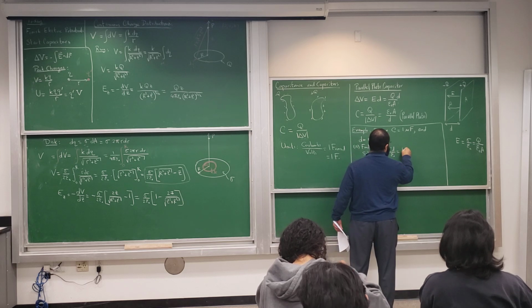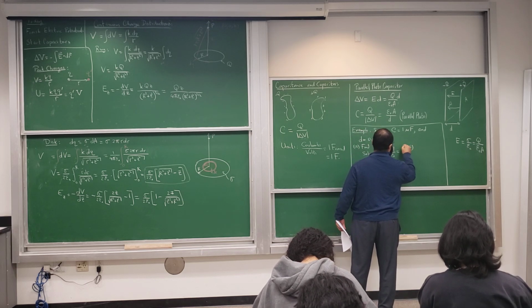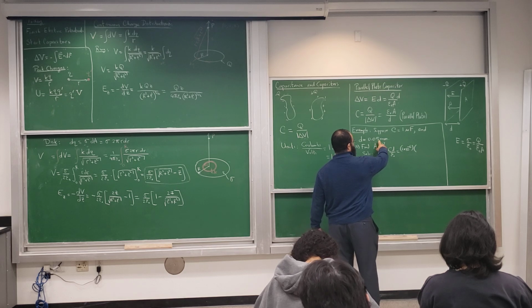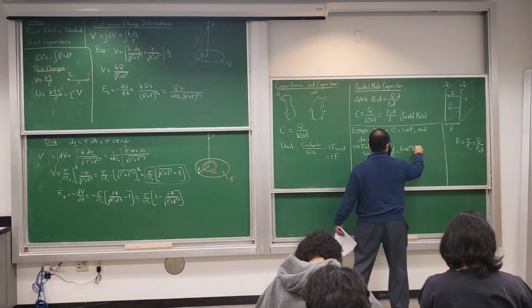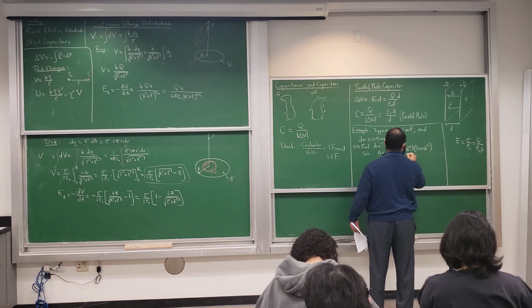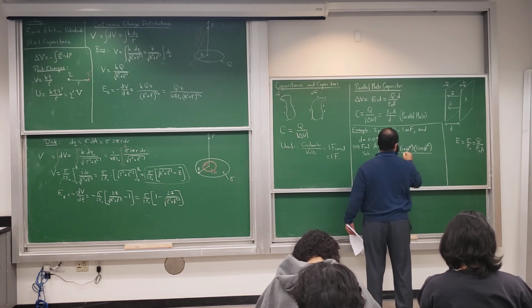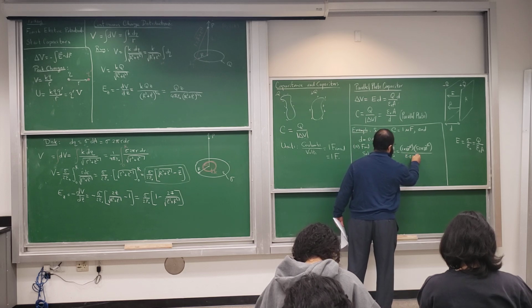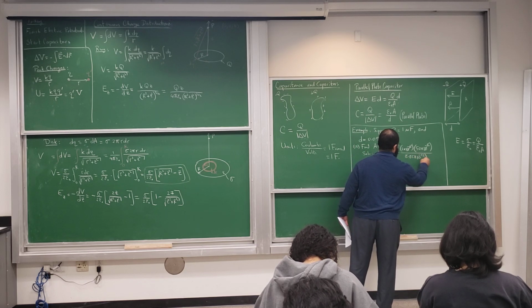One microfarad, 1 times 10 to the minus 6. This one is 5 times 10 to the minus 5, isn't it? Which we can write as 50 times 10 to the minus 6. That cancels out. Epsilon naught is 8.85 times 10 to the minus 12.